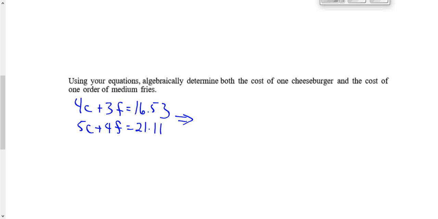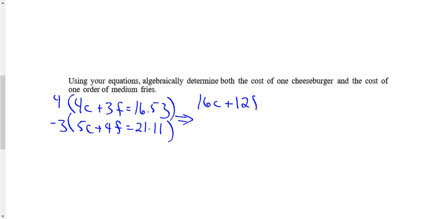If I'm going to make the F's go away, what am I multiplying the top by? Times 4, and the bottom by? Okay. So that gives us what up top? 20C plus 12F equals 6612.